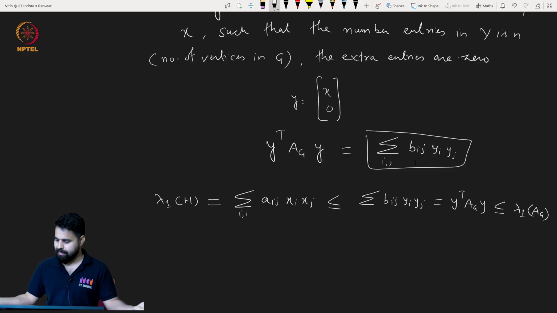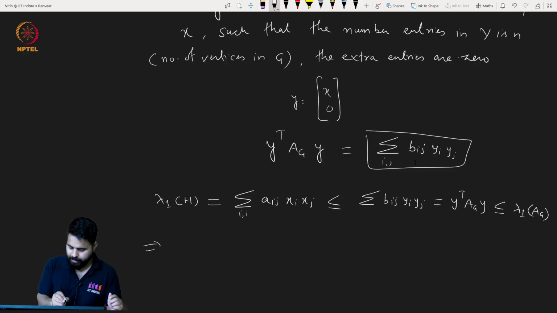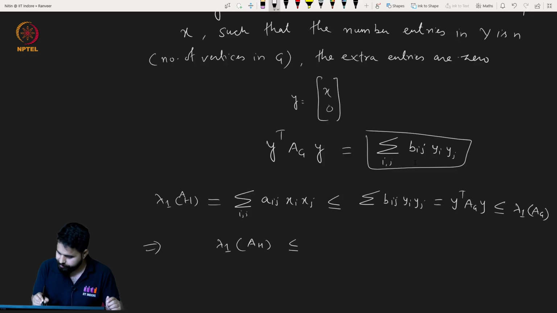So what? I think we are done. This implies that lambda 1 of H is always less than or equal to lambda 1 of G.